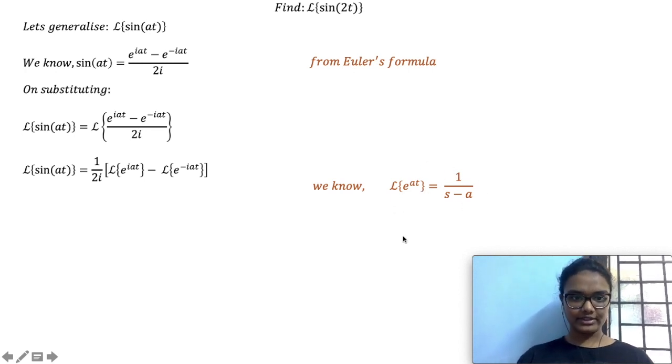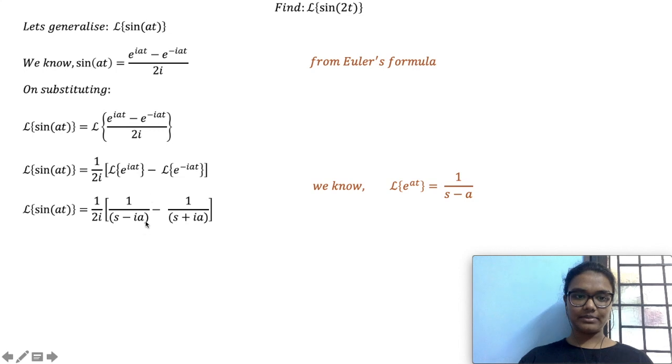We're going to use this result, but instead of a, in this problem we have ia. So we're just substituting that in this result, and we get the Laplace transform of e^(iat) equals 1 by s minus ia, minus the Laplace transform of e^(-iat) equals 1 by s plus ia. Negative of a negative becomes a positive.